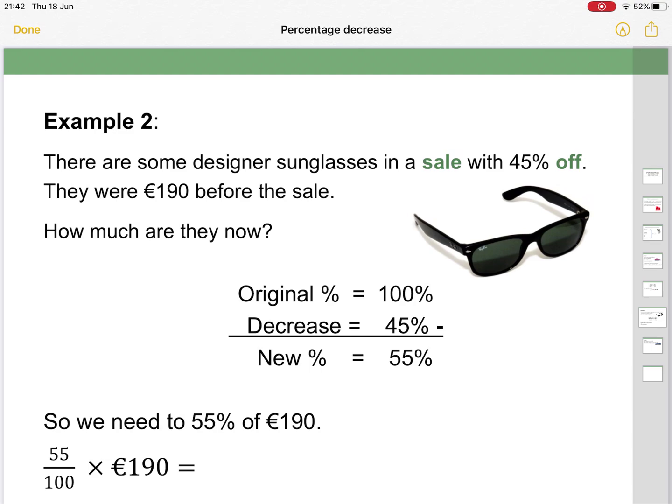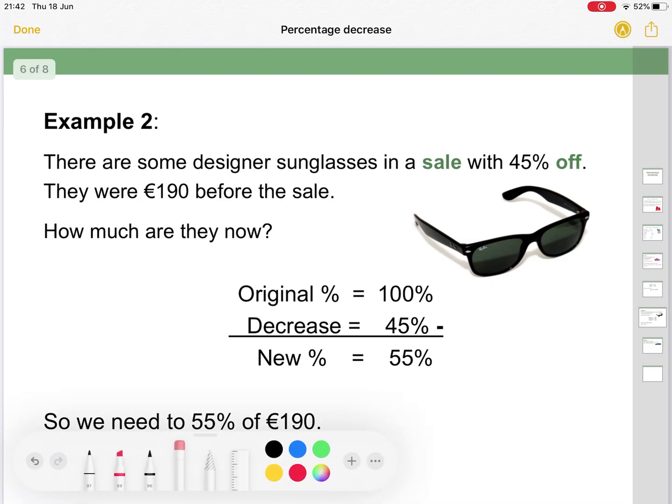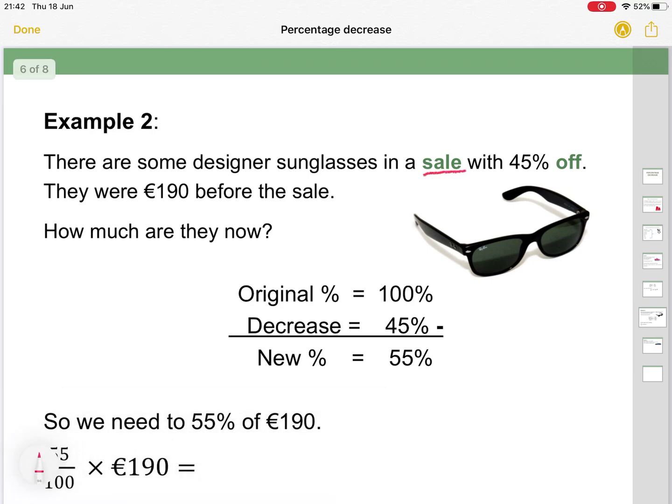Example 2. We have some designer sunglasses in a sale with 45% off. They were 190 euro before the sale. How much are they now? All right, so we have the word sale and we have the percentage off.